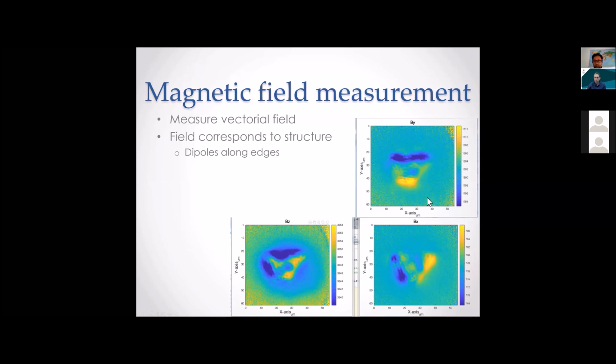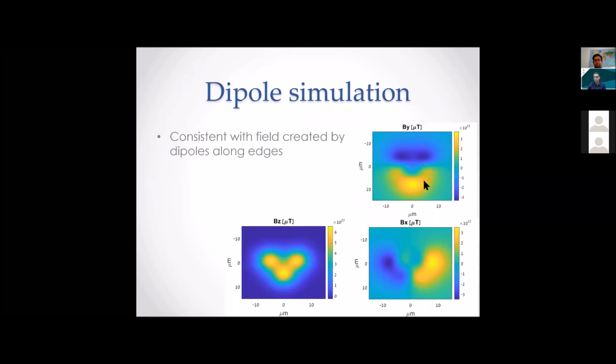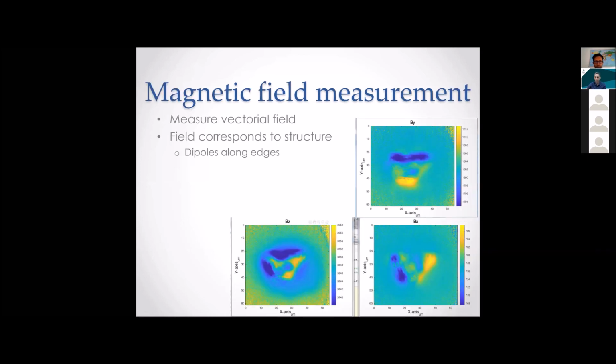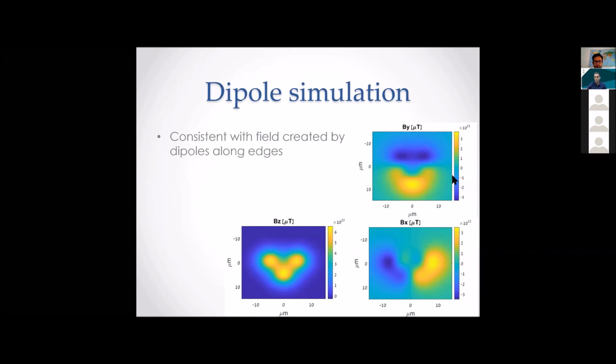And one can corroborate this by performing, again, dipole-like simulations of the stray field. One can see a relatively, at least a qualitative, if not quantitative, agreement. And I'll just flip it back for a second, and you can see how these simulations correspond to the measured field.